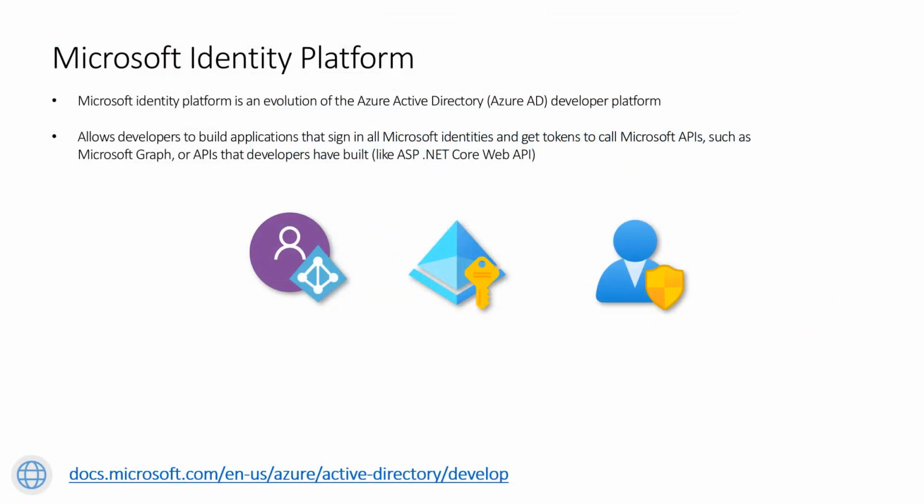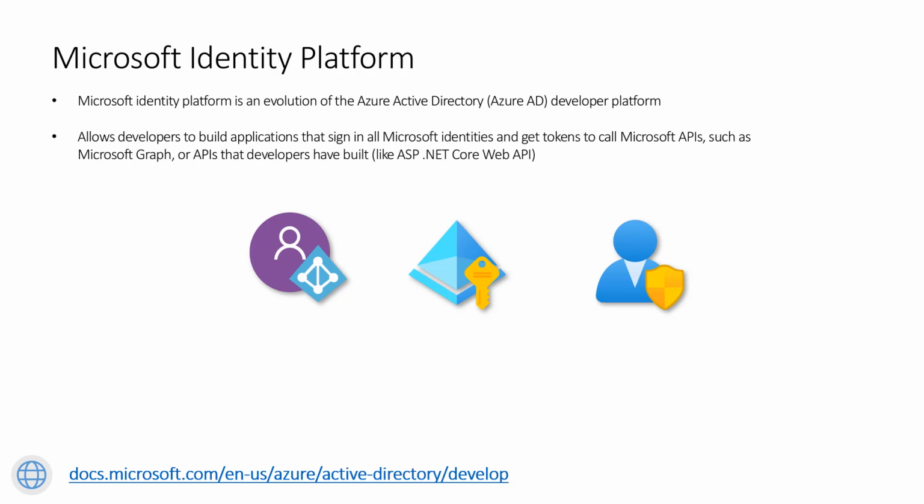First of all, it's worth mentioning what Microsoft Identity Platform is. Microsoft Identity Platform is an evolution of Azure Active Directory Developer Platform. It allows developers to build applications that sign in all Microsoft identities and get tokens to call Microsoft APIs, like Microsoft Graph API or APIs that we developers have built.